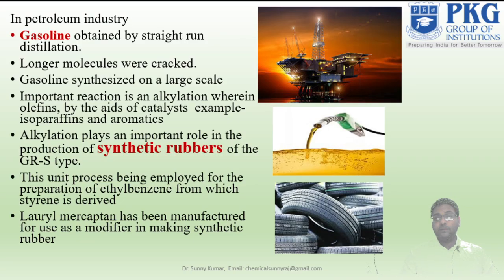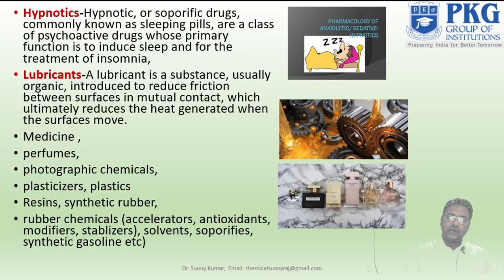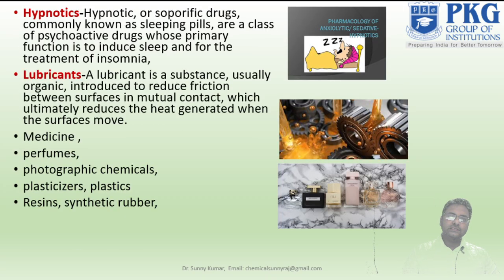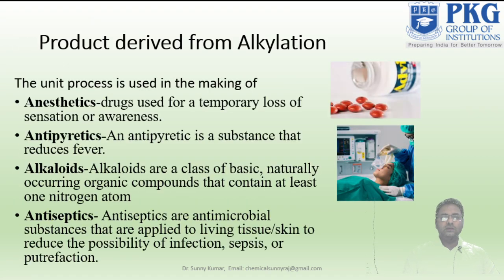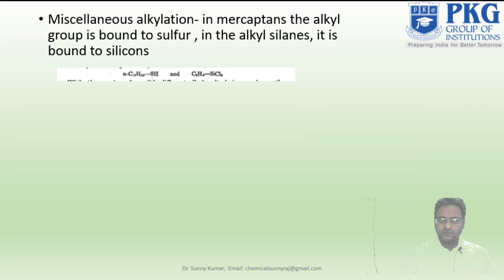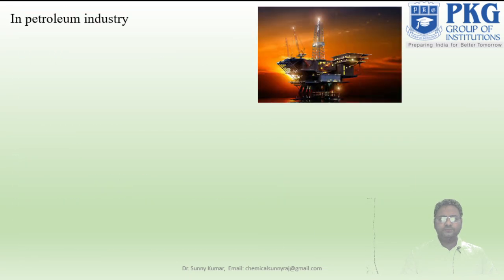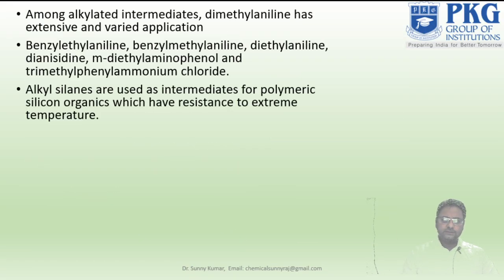And in the petroleum industry, for gasoline or diesel production, we have used this alkylation, along with hypnotics, lubricants, detergents, and dyes. So these are the things we have covered in this lecture.